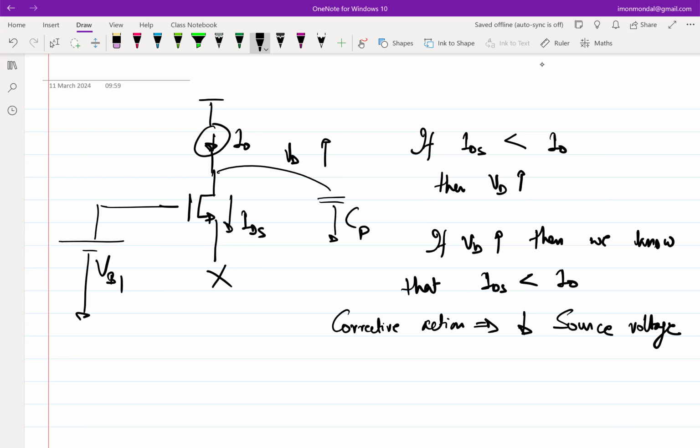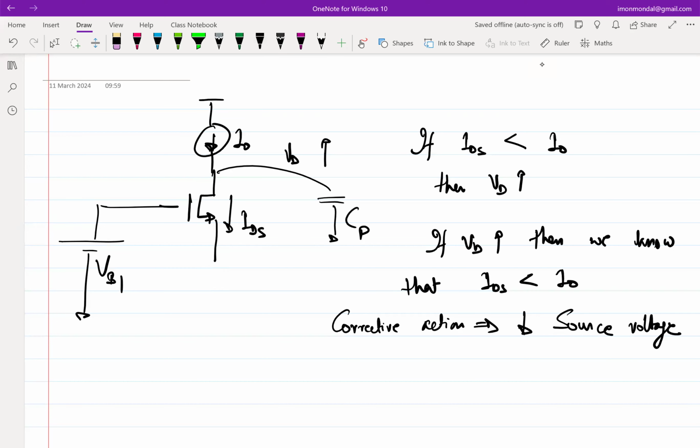In the case where we had the I naught connected to the source and wanted to only tweak the source voltage, it was auto-adjusting. Even better, we didn't have to do anything. The transistor was going in the direction that we wanted. But here it looks like we have to do something else, because if the drain voltage is increasing, we have to decrease the source voltage. That's what the requirement seems like, right?